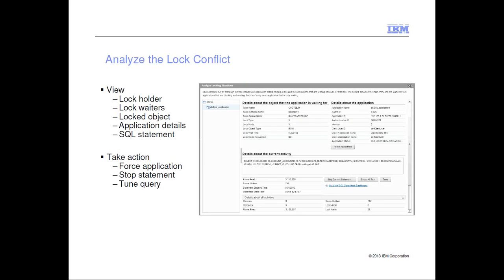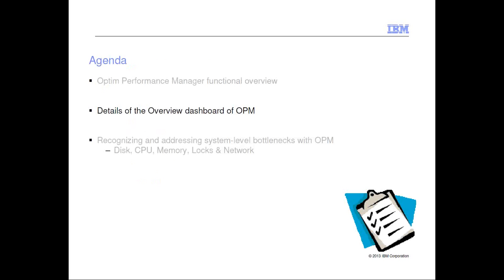And once we drill down into that particular lock on the locking dashboard, you also have the facility to force the stopping of the application or the SQL itself in case it is currently still running on the database. Even from the locking dashboard, we can launch Optim Query Tuner to tune the query for any performance issues that are noticed.